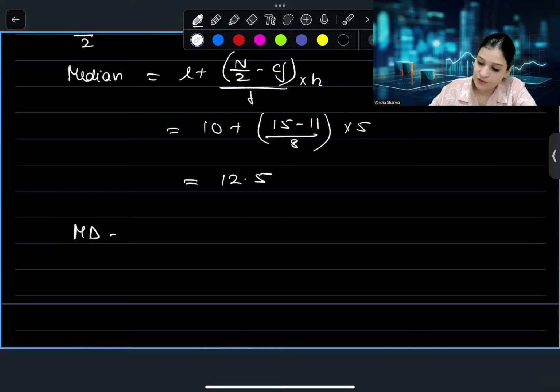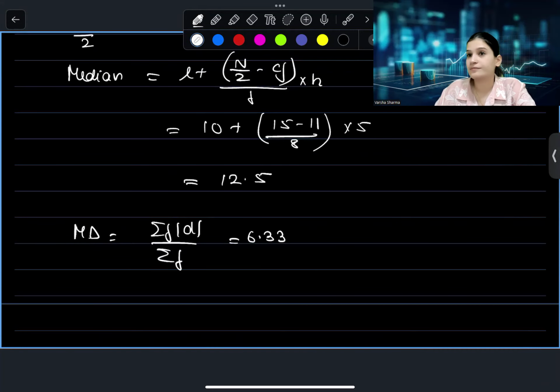So mean deviation is summation fD by summation f, 6.33.